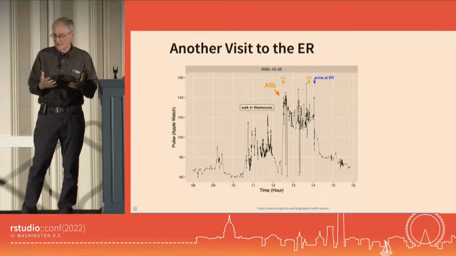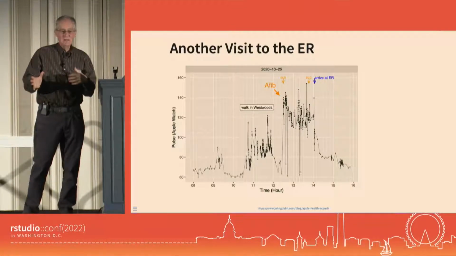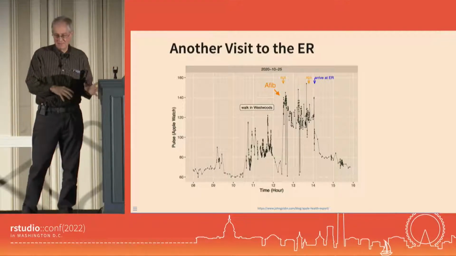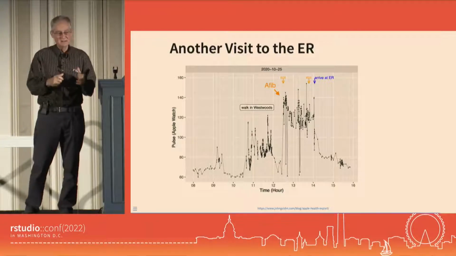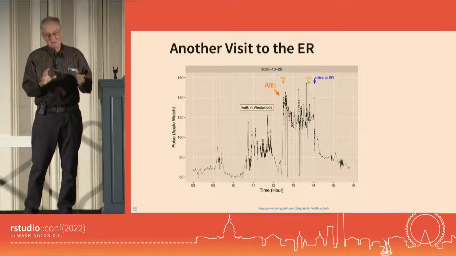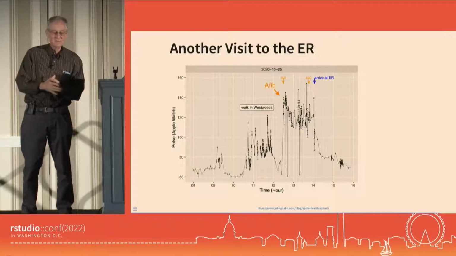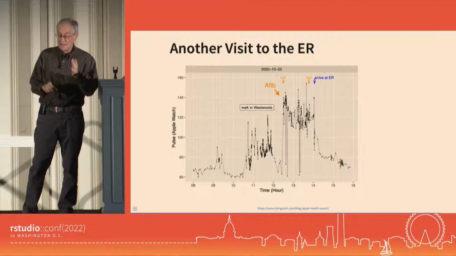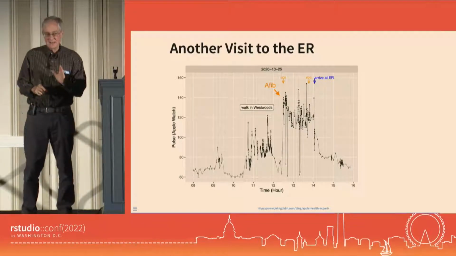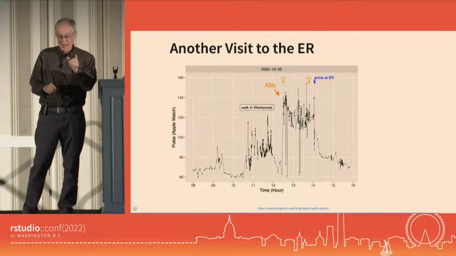But what I was able to do was to take the background heart rate information and to put the atrial fibrillation episode in the context of the rest of the day. And there is some slight relevance to when I was discussing this with the doctor, because what I could show was that within a minute or two after the episode started, there's an indication that shows I was doing an electrocardiogram.